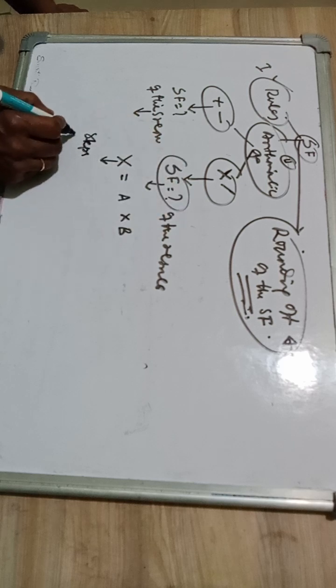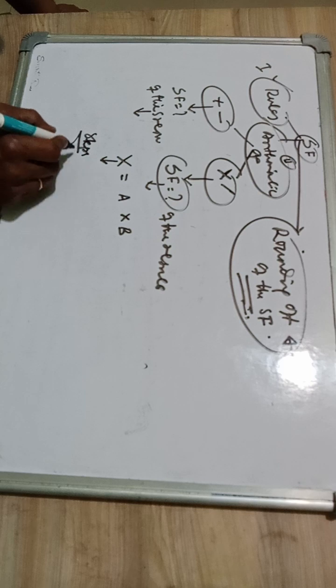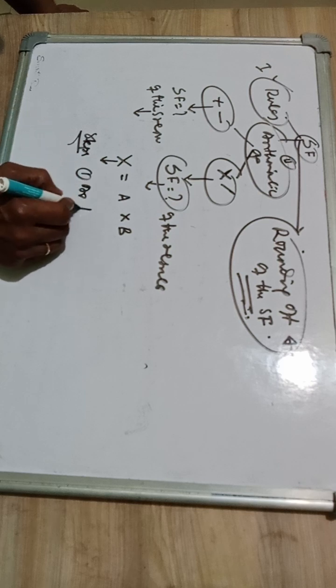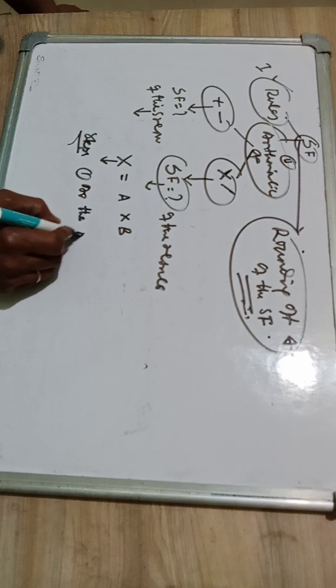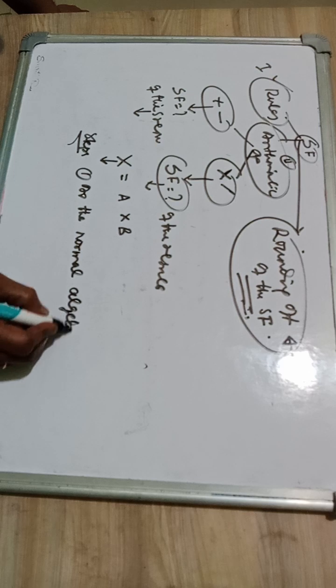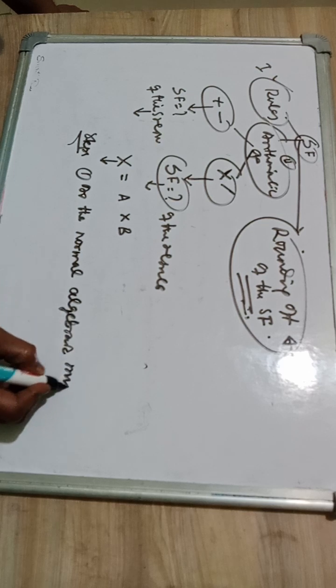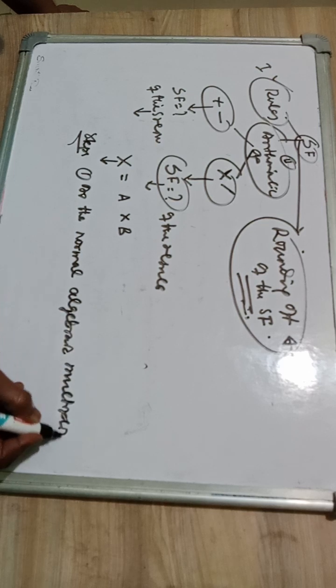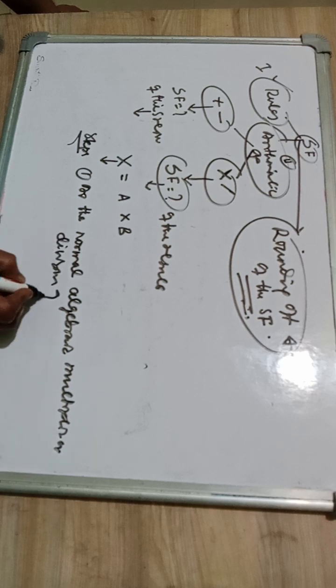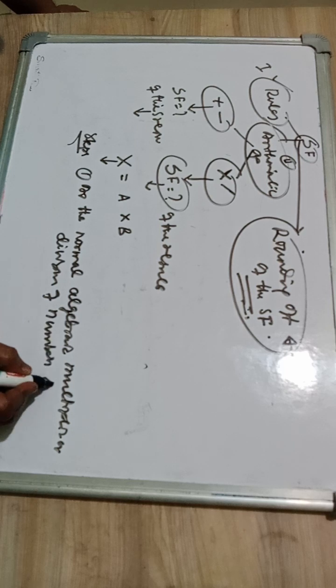Step one says do the normal algebraic multiplication or division of numbers a and b.